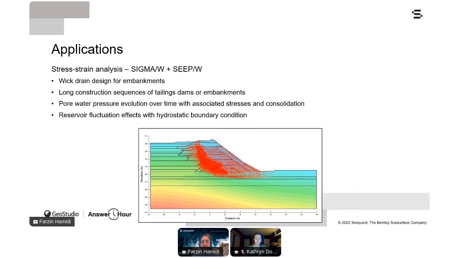Stress and strain in dams, levees, or embankments can be analyzed using SIGMA/W. Pore water pressure and stresses can be investigated in coupled consolidation analyses for designing wick drains, assessing long construction sequences of a tailings dam or embankment, or even for considering pore water pressure during the evolution of time. So you can see the example of a tailings storage facility where we have the consolidation analysis, and you see the deformation contours on this screen.